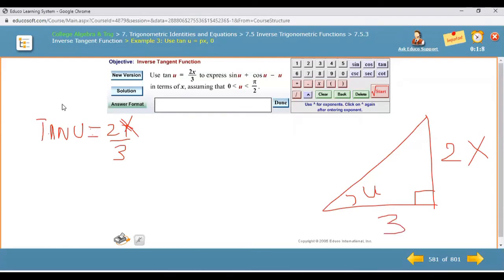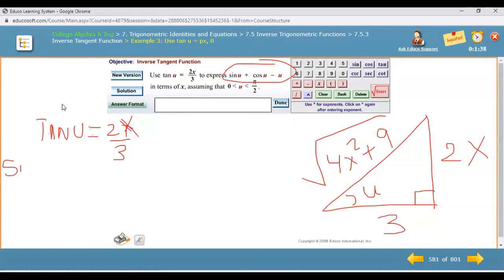When I use the Pythagorean theorem, 2x squared will be 4x squared plus 9. This will be the hypotenuse using Pythagorean theorem. Now this is the main thing. Only using a Pythagorean theorem in this question is important.